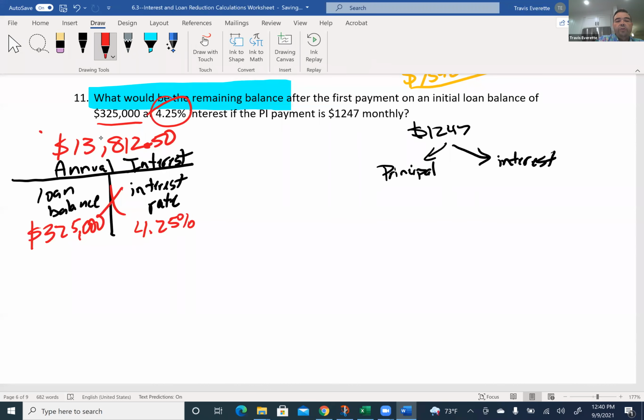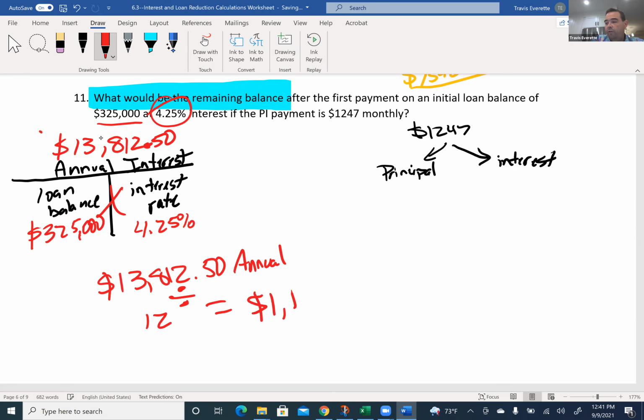Remember though, that's annual interest. So what we want to do is take that $13,812.50 annually divided by 12, so we can break it down to monthly, and that is going to give us $1,151 and about 4 cents, 0.0416 in monthly interest.